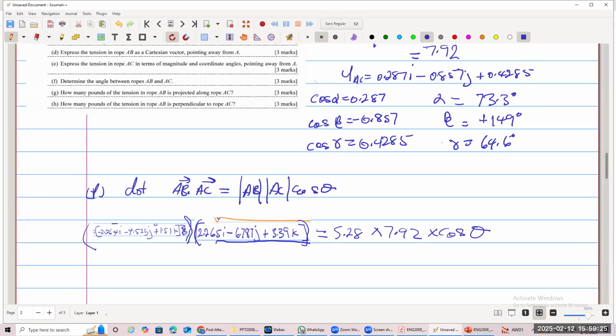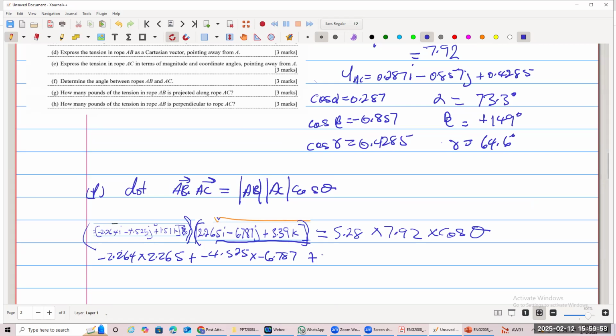Once you solve this, you would multiply minus 2.264 times 2.265, so you get a minus quantity there, because one is plus, one is minus. Then minus 4.525 times minus 6.787, so you get a plus quantity here.